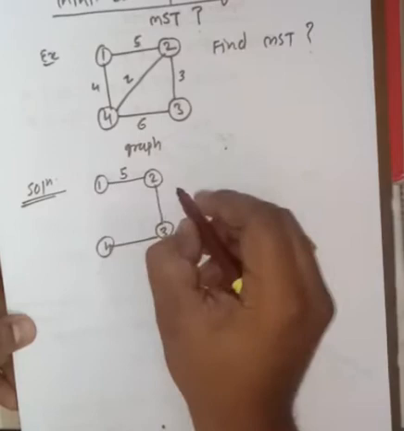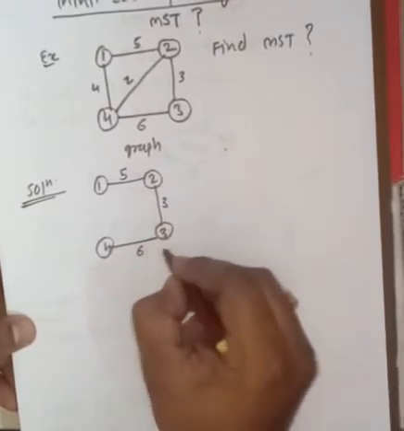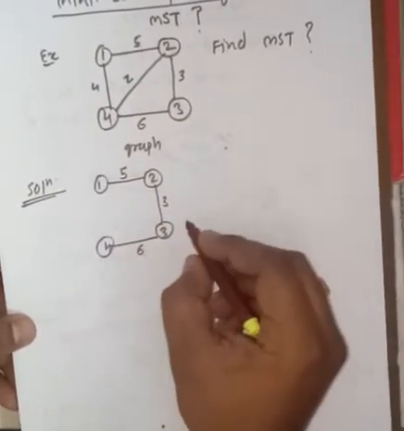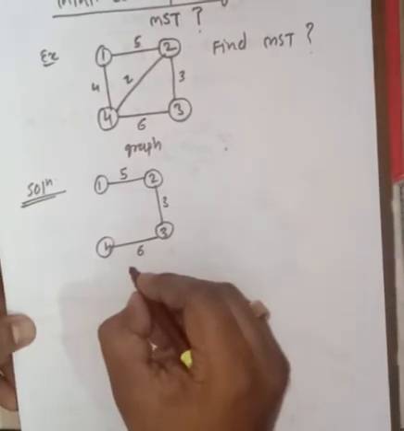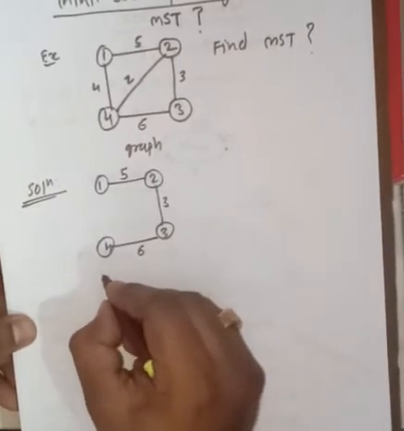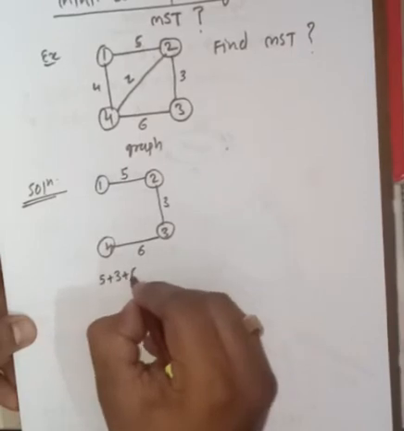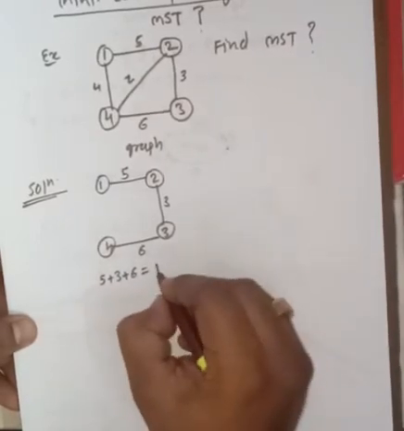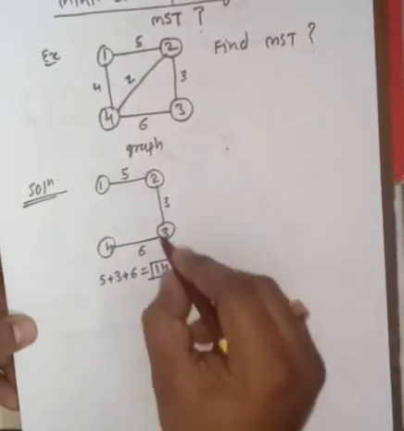We mention the weight factors. So for this tree, the cost will be 5 plus 3 plus 6. This will come as 14.